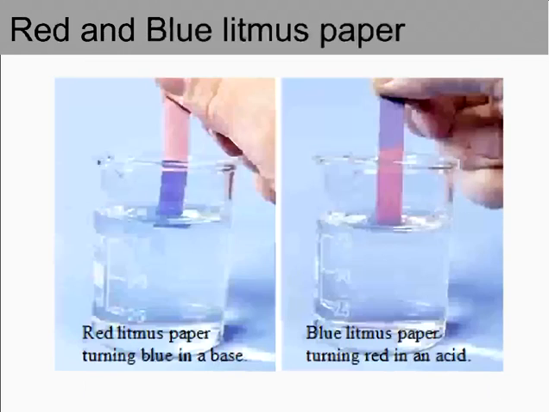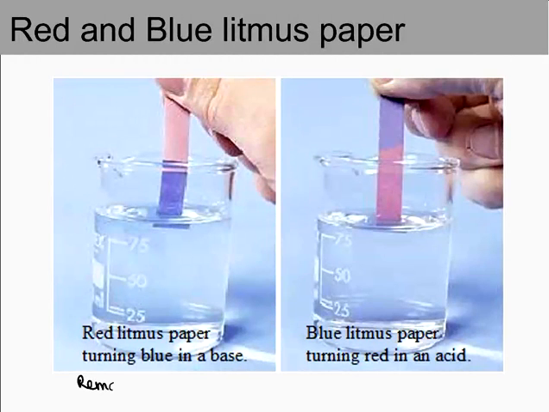Now, other types of pH paper are red and blue litmus paper. So red litmus paper turns blue in a base, and it remains red in acids. So that's another way that you can just get a general idea of whether something is an acid or a base.